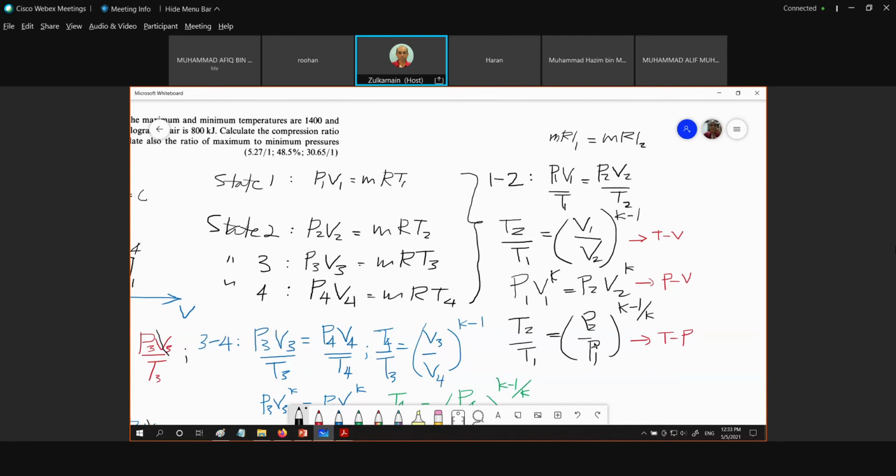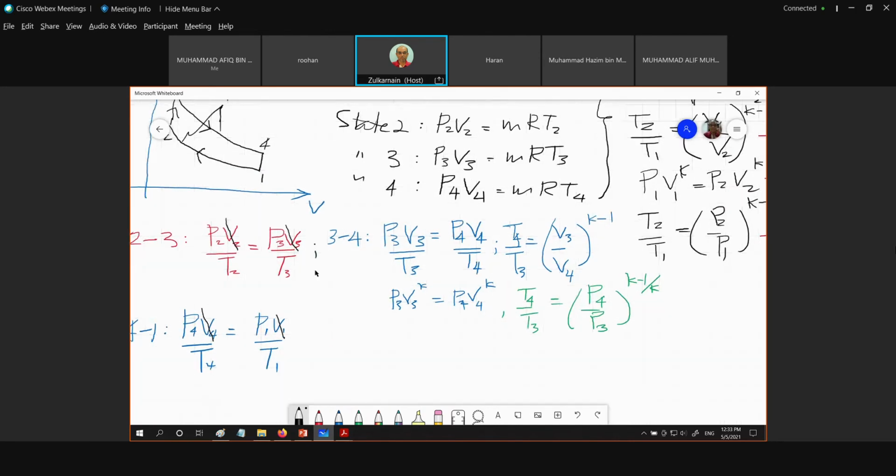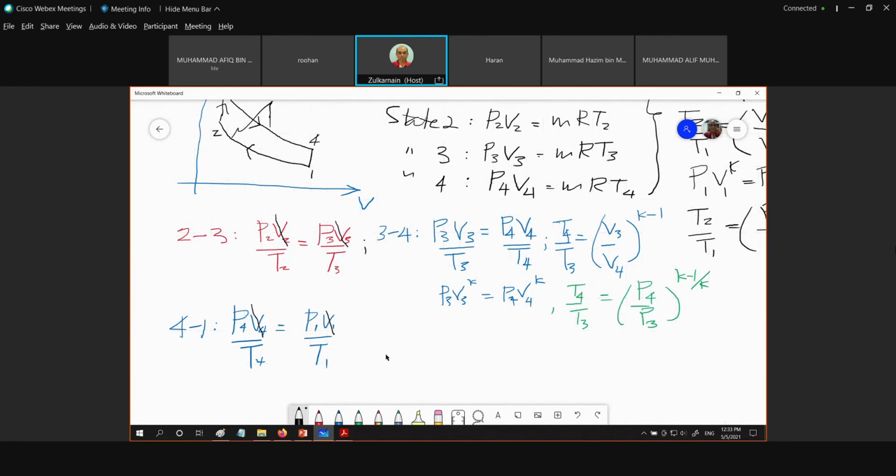They could be used to get all the parameters that we want, especially the P, V, T. So we have 1 to 2, 2 to 3, and 4 to 1. Did we leave anything out, guys? We have 1 to 2, yes. 2 to 3, yes. 3 to 4, we skipped 3 to 4. Okay, this is 3 to 4.